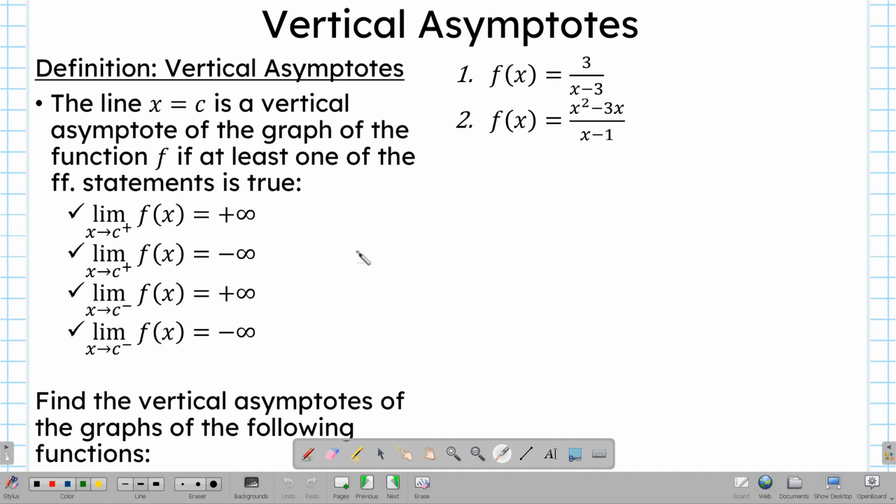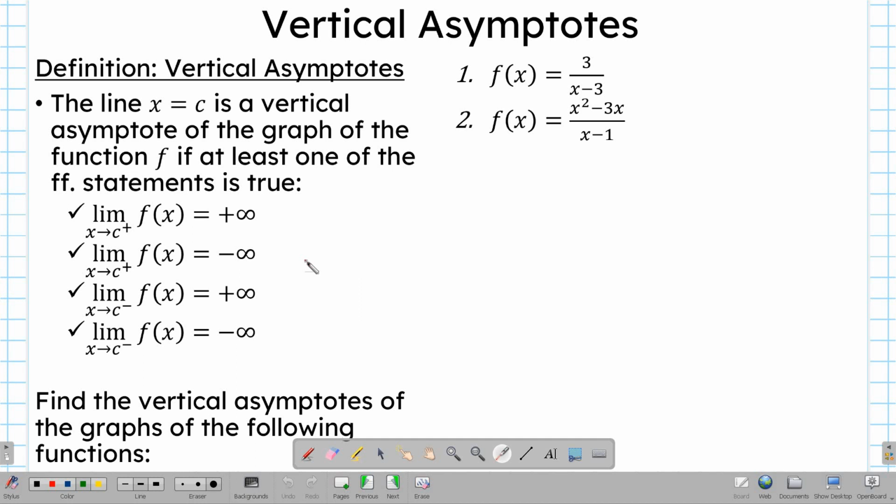Now, one application of infinite limits would be the vertical asymptotes of the graph of a function. We define a vertical asymptote as the line x = c if at least one of these statements is true. Previously, in your previous courses, asymptotes has just been defined as the line that the graph tends to touch but never actually touch. Although that's a bit informal and it doesn't happen all the time.